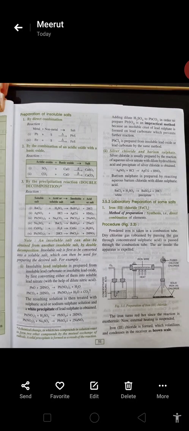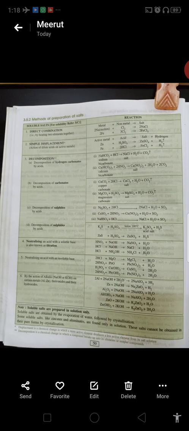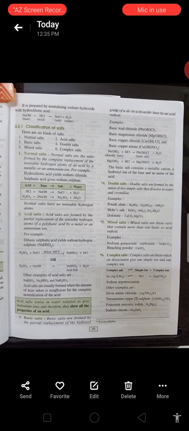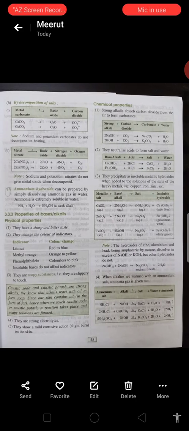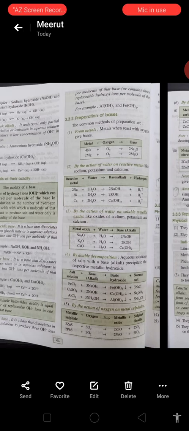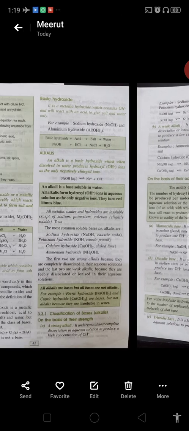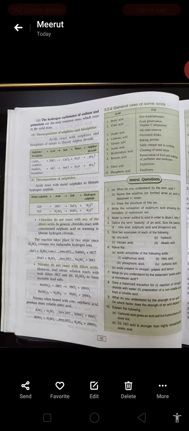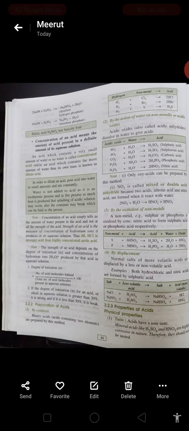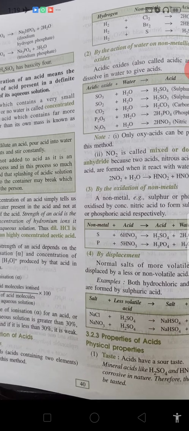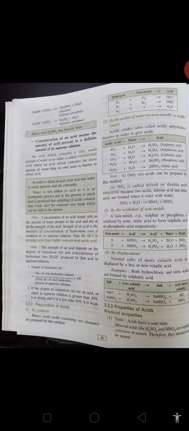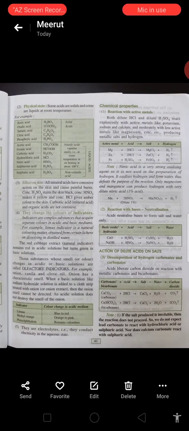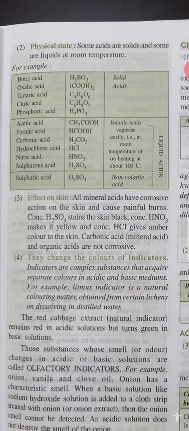The next property, children, is their physical state.